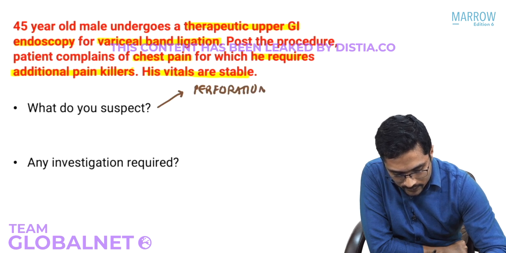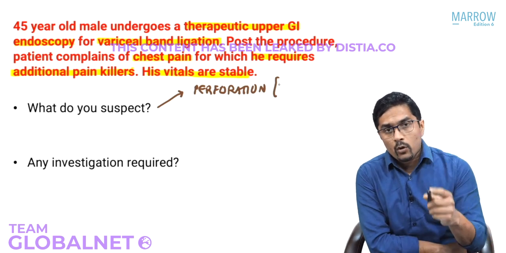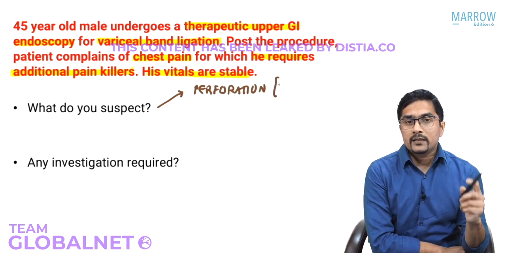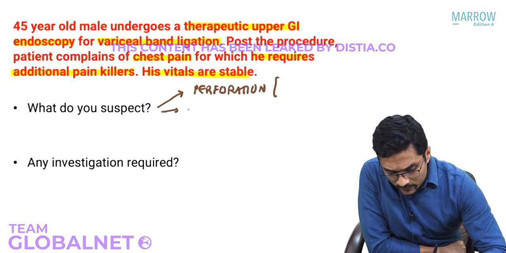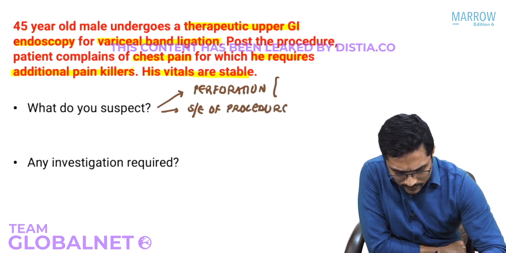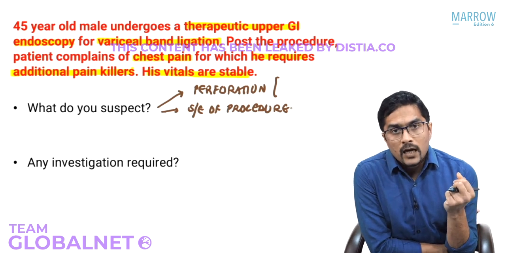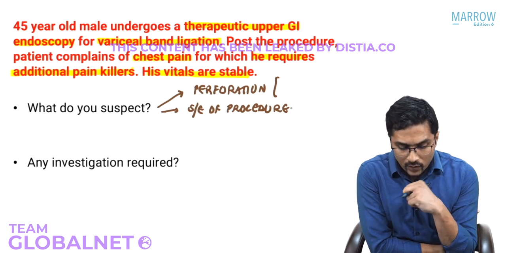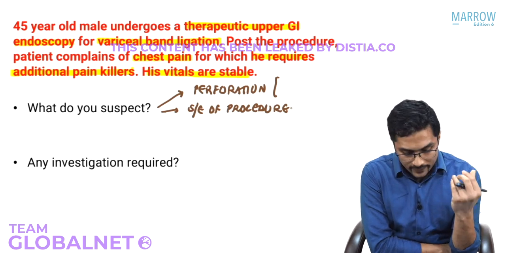And if you remember the esophagus module, I have told you that iatrogenic perforations are more common after therapeutic endoscopies as compared to diagnostic endoscopies. It can just be a normal side effect of the procedure. So with band ligation, you can sometimes have chest heaviness. It can just be a side effect of the procedure. That could be one reason. So this is what I suspect, right?